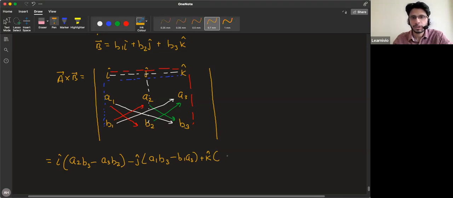This is how we calculate cross product. Dot product was pretty easy: just multiply the coefficient of I cap with I cap, j cap with j cap, k cap with k cap. But when you are doing cross product, you have to open this determinant.